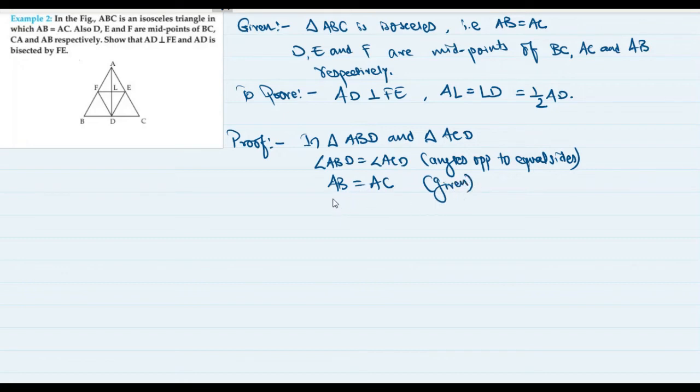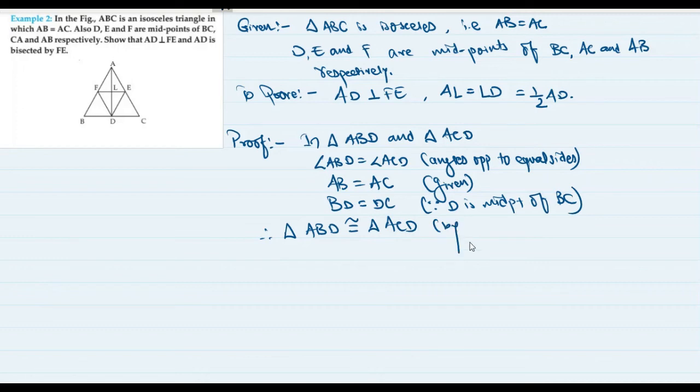And BD is equal to DC, since D is the midpoint of BC. So therefore, triangle ABD is congruent to triangle ACD by SAS test. Okay, so these two triangles are congruent, ABD and ACD.